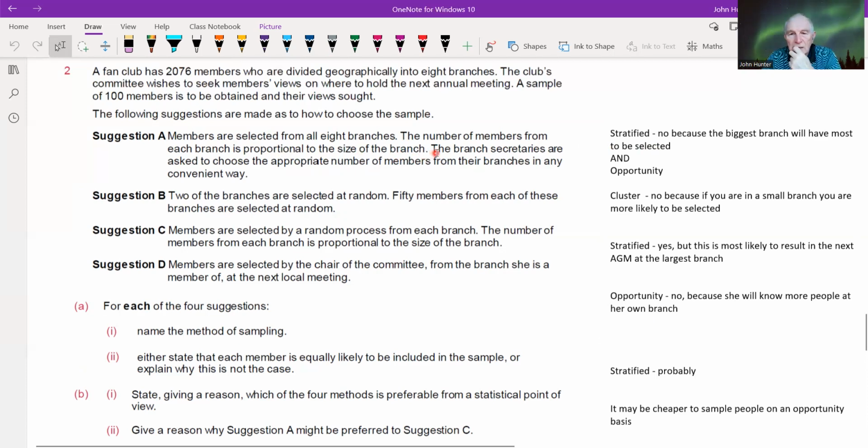Okay, so the branch secretaries are asked to choose the appropriate number of members from their branches in any convenient way. So is each member equally likely to be selected? Then we'd have to say no, because the biggest branch will have most people to be selected. So if that branch is selected, then you could be one of 50 people, as opposed to a small branch where you might be one of 3.